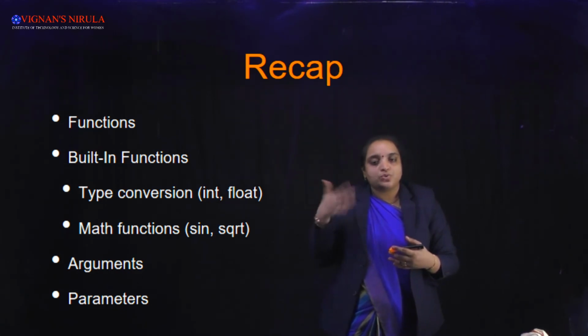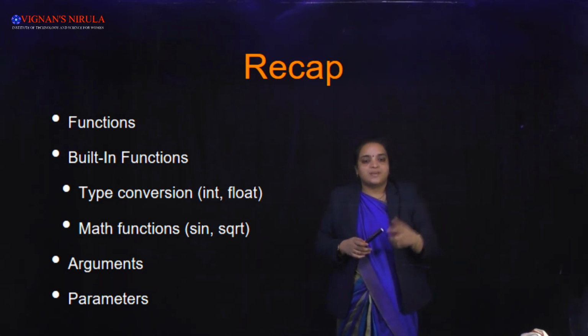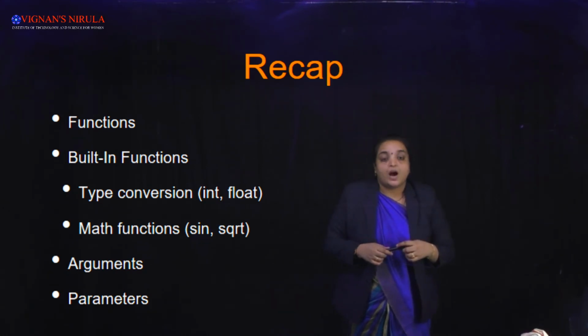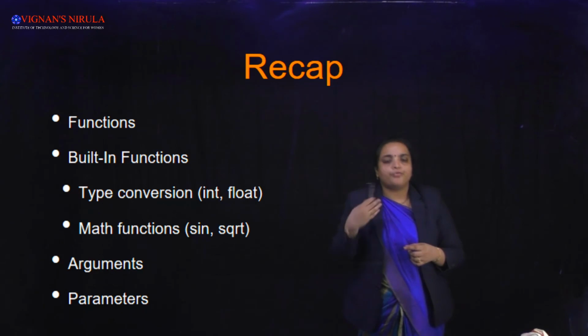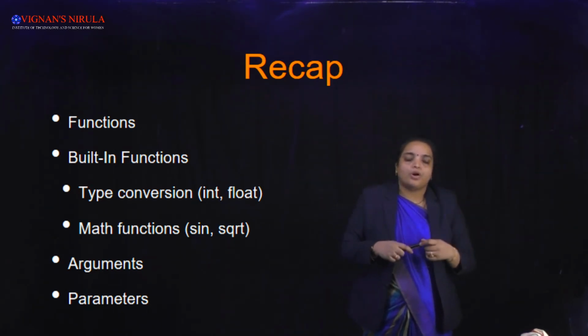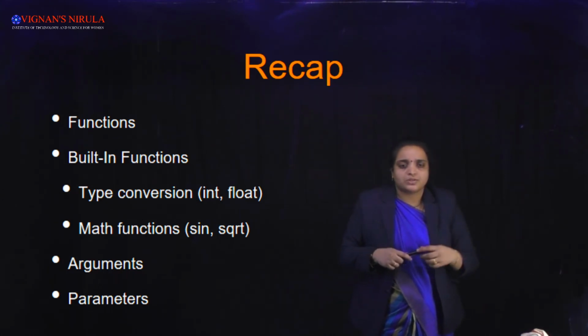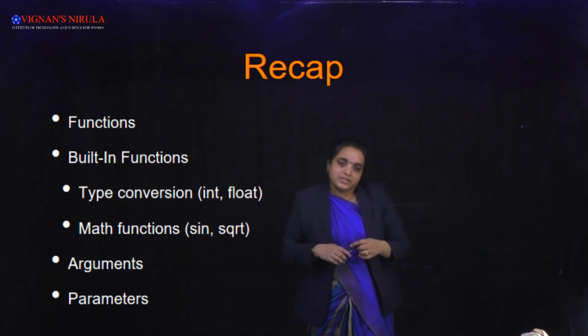We have seen what an argument and a parameter are and how they are used. We also saw what a fruitful function is and what a non-fruitful function is; void functions are called non-fruitful functions. And also we have seen recursion.